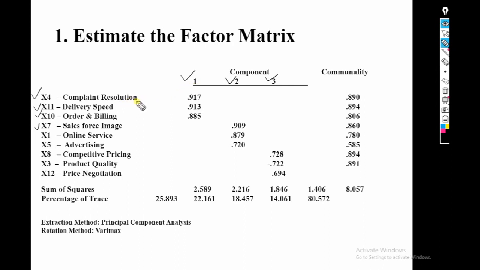So the variable x4, complaint resolution, is highly related to factor 1 because its value is 0.917. It's a factor loading.